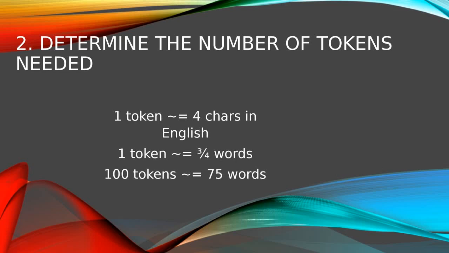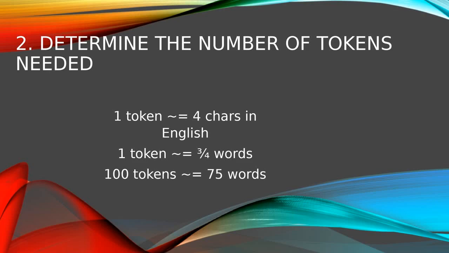Tokens are mostly based on characters, but some of them are also based on words and subwords. So a word would be smarter, and a subword would be the word smart. That's why I can't say exactly how many tokens. There's not a definitive conversion for that. It depends on the model and how you use it.